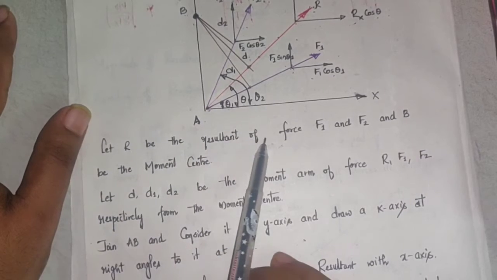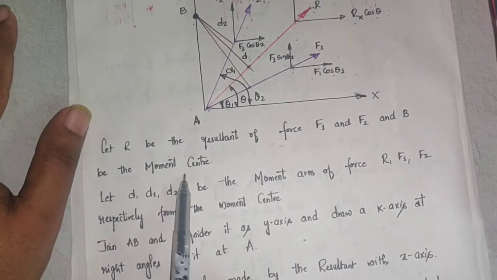Let R be the resultant of forces F1 and F2, and B be the moment center.